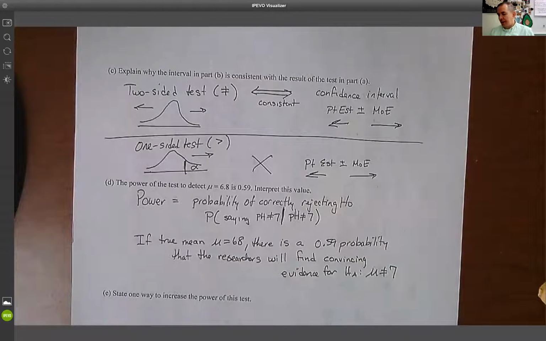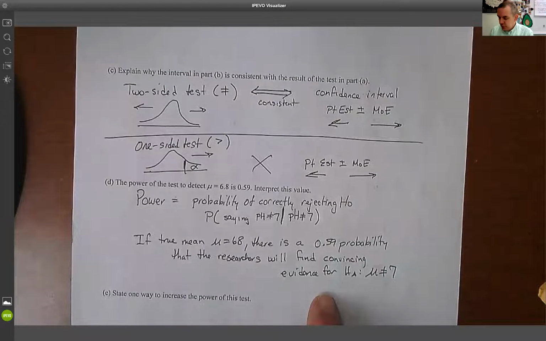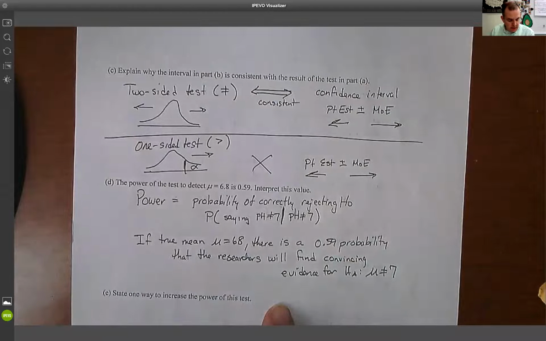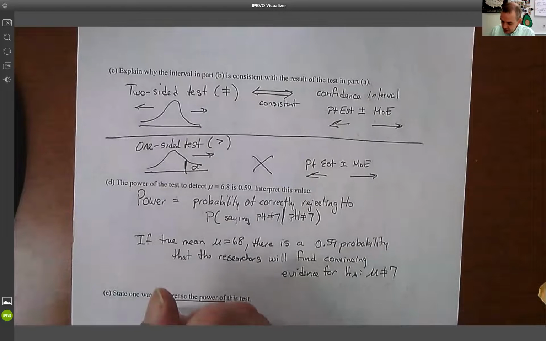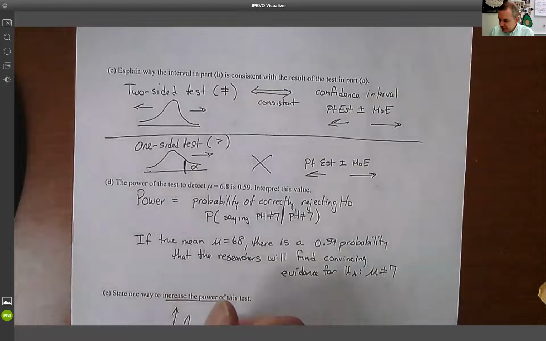So in this case, the more powerful the test, the more likely you are to reject the null. The ways that you can increase power, there's a few. The easiest way to increase power is to increase n, the sample size.